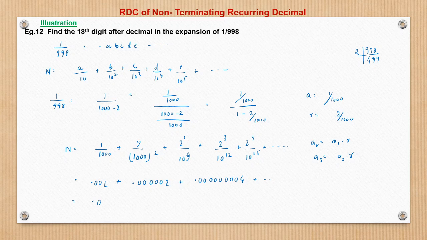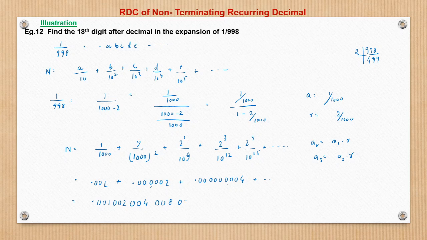If we write the summation, it will be 001, 002, 004, 008, and so on. If we add the first two terms, it will be 0.001002. After the first two terms, we'll add this term, so up to the sixth place the zeros are nullified, and what remains is 004.